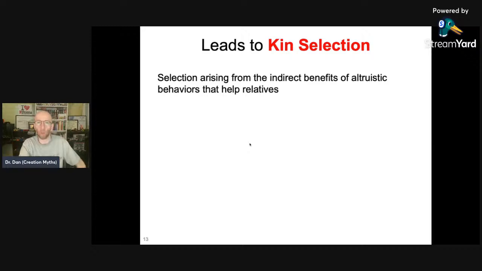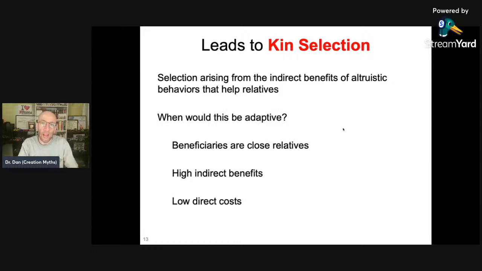Let's be a little more formal about this, though. Why is it two brothers or eight cousins? Kin selection is adaptive when the beneficiaries are close relatives, because the closer the relatives, the more related you are, which means the more likely you are to share specific alleles. So your alleles are more likely to benefit if the beneficiaries of that altruistic behavior are close relatives.